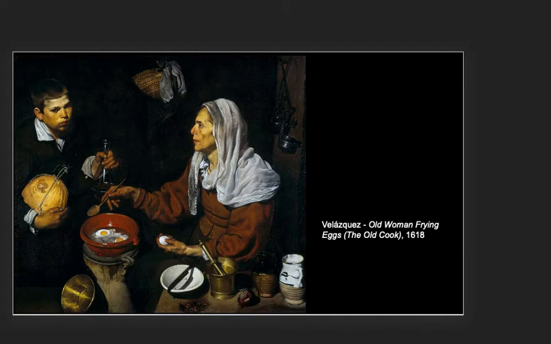And then, of course, one of my all-time favorites, Velasquez. Velasquez was a teenager when he painted this. It's simply an old woman frying eggs. They are all generally humble and lower middle class or lower class imagery, even though he was a court painter to Philip, the 5th, 6th, can't remember.